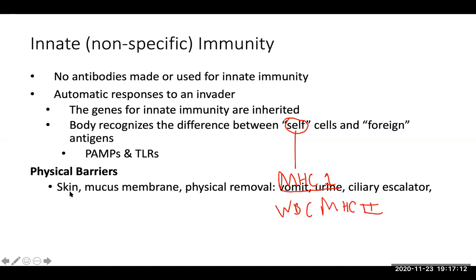So even if a pathogen manages to hang on to the skin and start to colonize, the skin's going to shed. So unless it's able to get further down, like maybe being sneaky and getting into a hair follicle, otherwise it's going to fall off when our skin falls off.